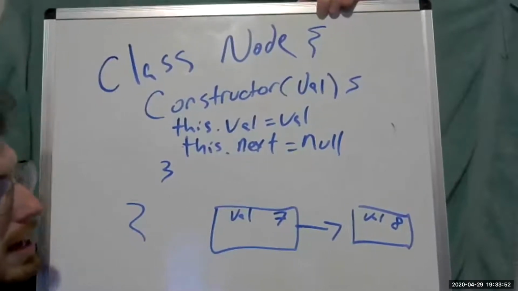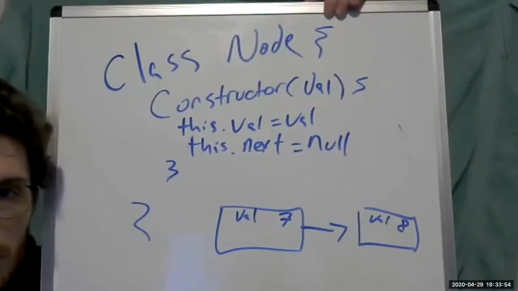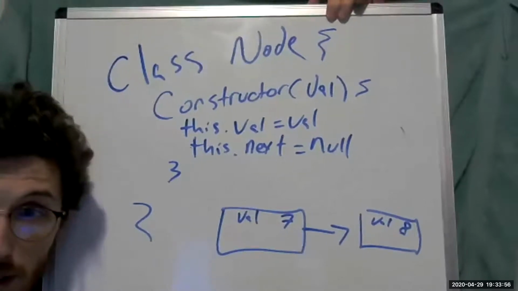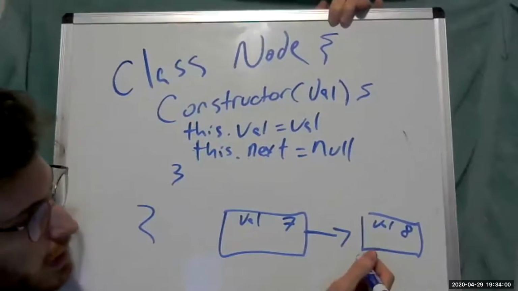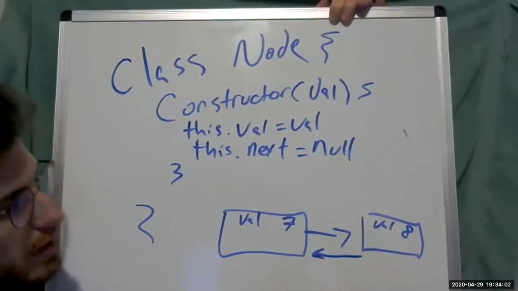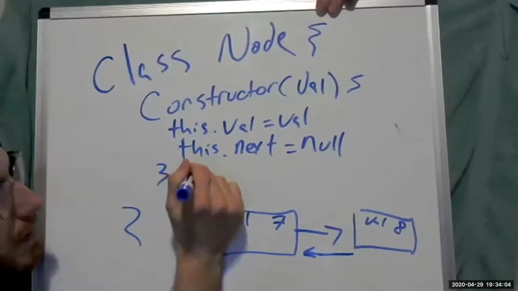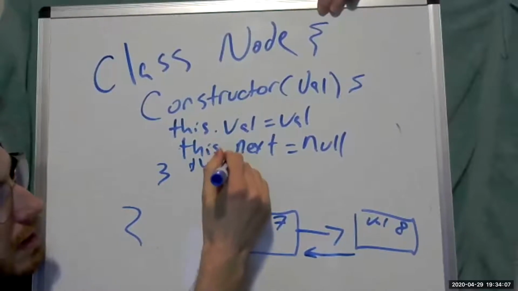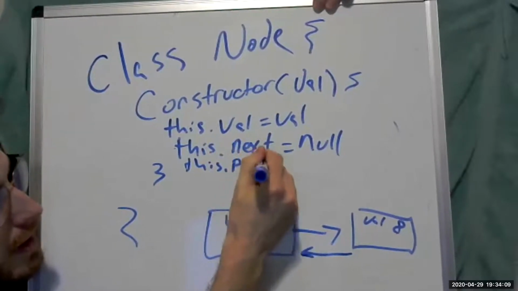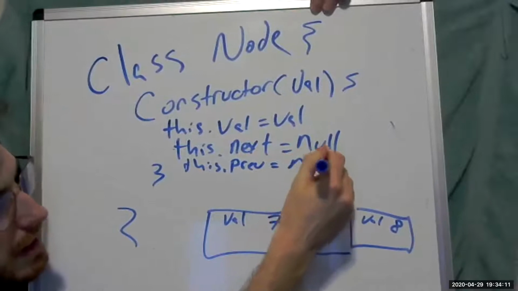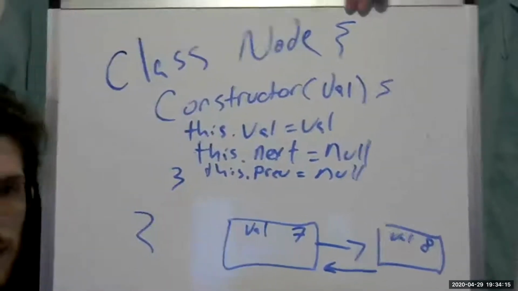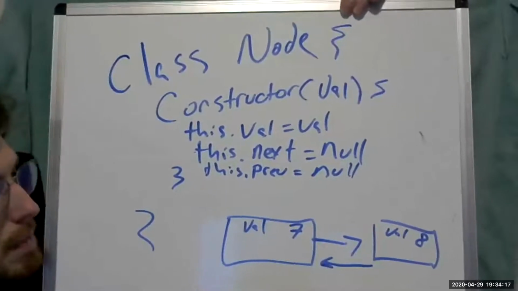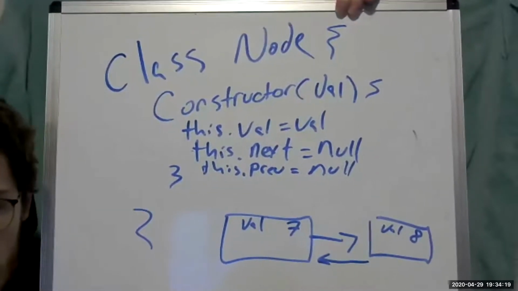And if you want to have a doubly linked list, which can sometimes be helpful because you can delete yourself if you have the node available, you can add a previous property, which is like this.prev, and we'll set that equal to null as well. So this is what a linked list is at its crux. It's nothing too fancy.